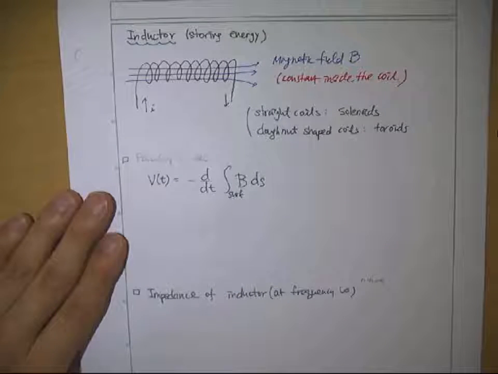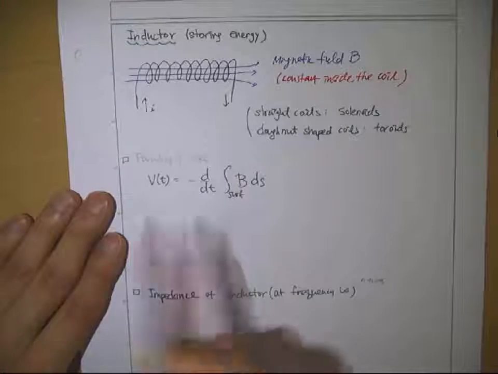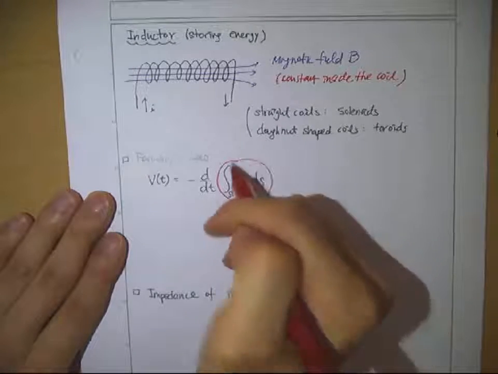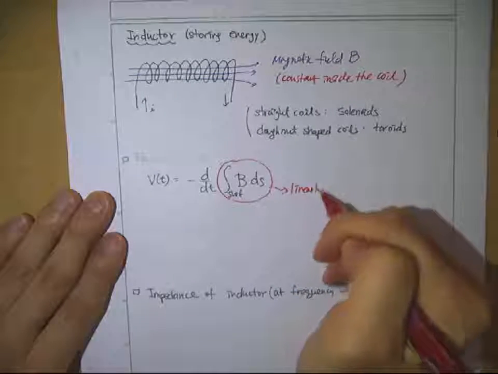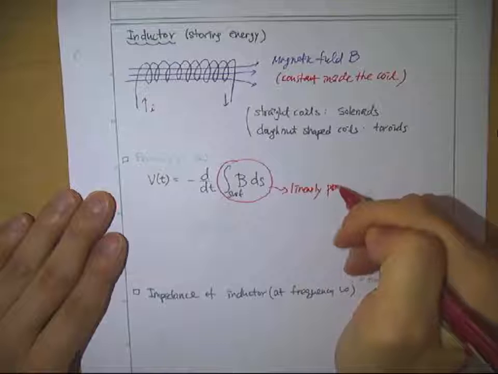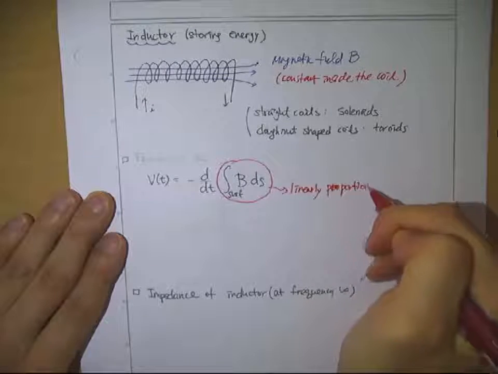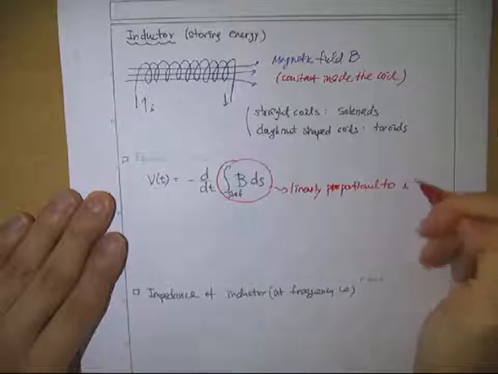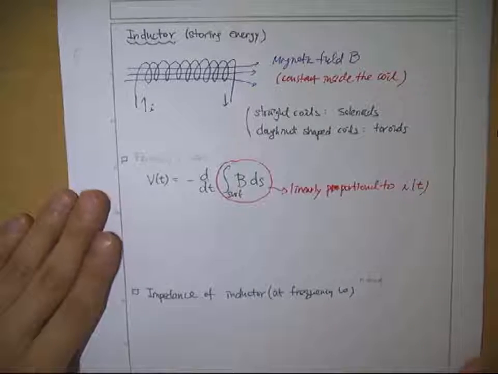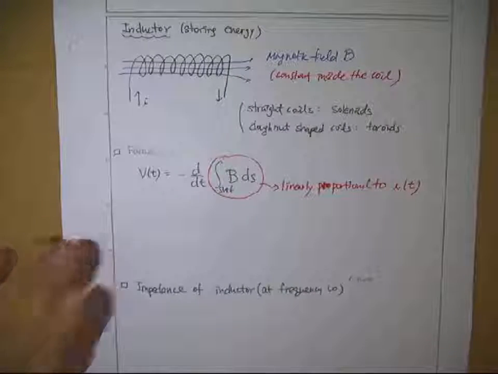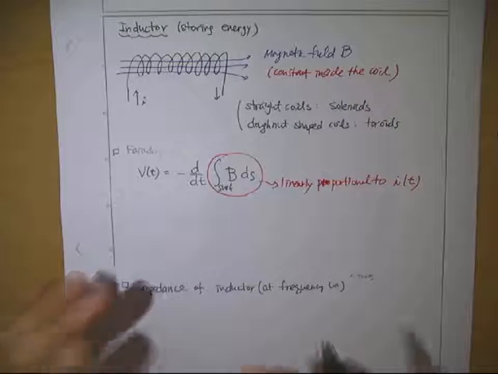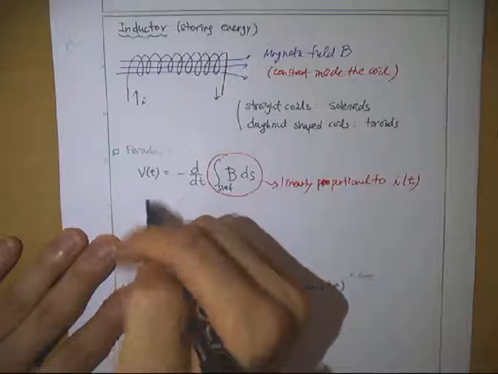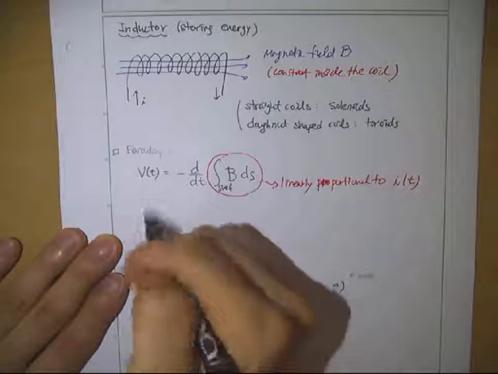And here the current is actually linearly proportional to this term, to current I(t). So we can use some coefficient L and describe this Faraday's law.